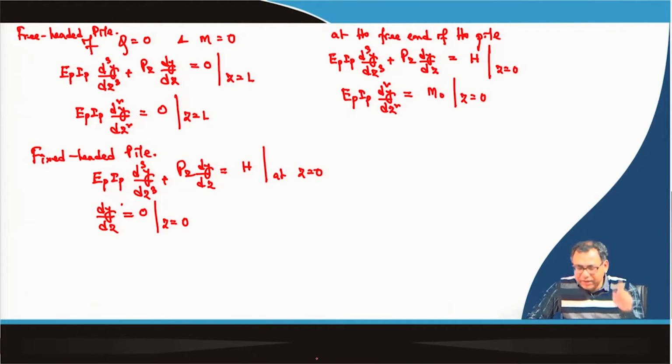The shear force is developed, but the moment will not be 0. For the free headed pile we put some applied moment, but here, for the fixed headed pile, one is the shear force equation that I have written, and another is that the slope at z equal to 0 will be 0.